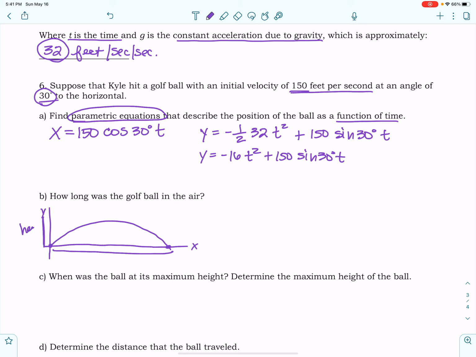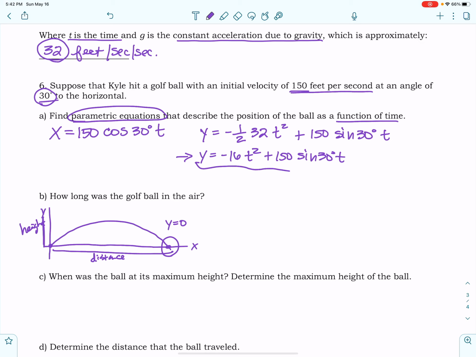And of course time is passing as this ball is in the air. So we want to know how much time passes before the ball gets right here when y is at 0 again. So I'm looking for t when y is 0.